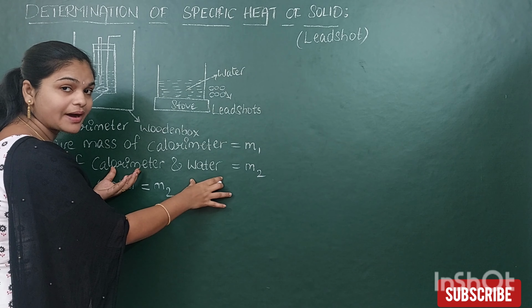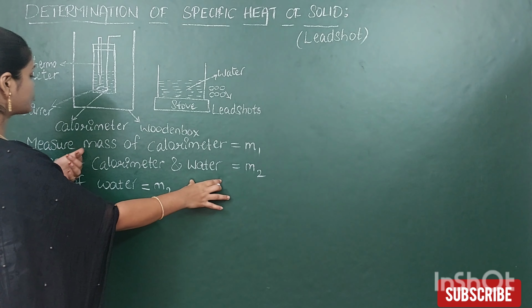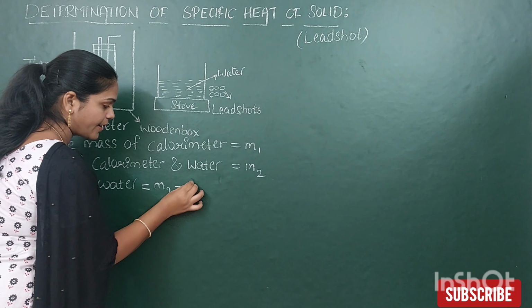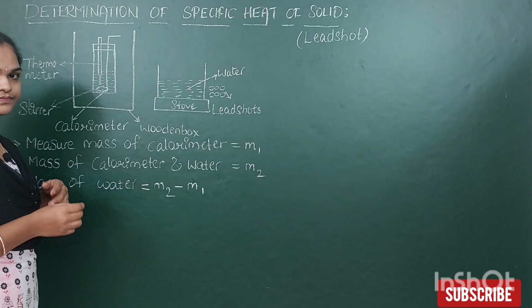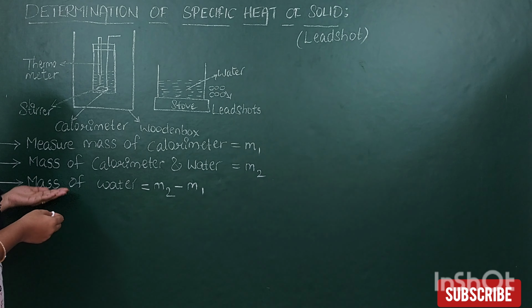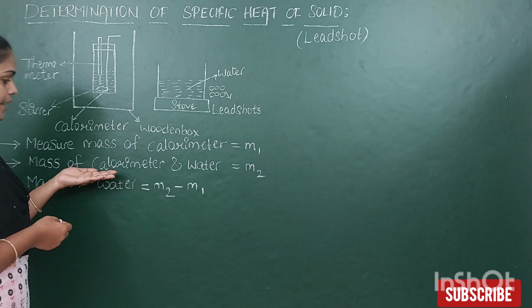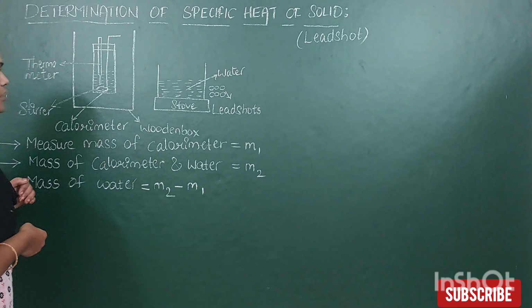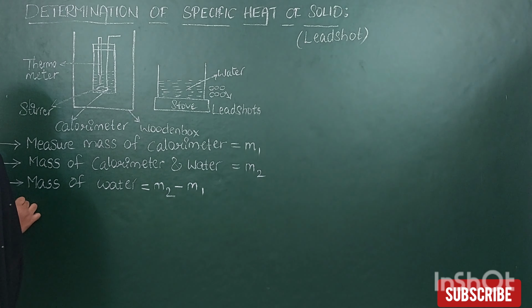What is the value of the mass of calorimeter? It is M1. So what do you have to write? M2 minus M1. Okay. Now we know the mass of the empty calorimeter, the mass of calorimeter and water, and the mass of water. So let's see about temperature.